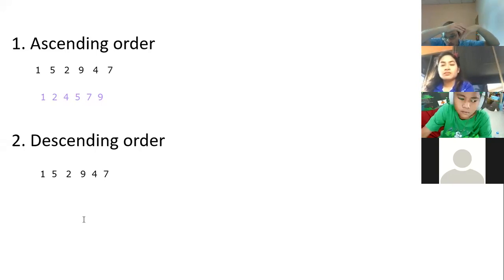And then as we go down, down, down, the numbers become small. So for this example, if we had to write the numbers in descending order, we will have 9, 7, 5, 4, 2, 1. So that's the difference between ascending, going up, and descending, coming down. Down and up. So up, ascend, down, descend. Okay.